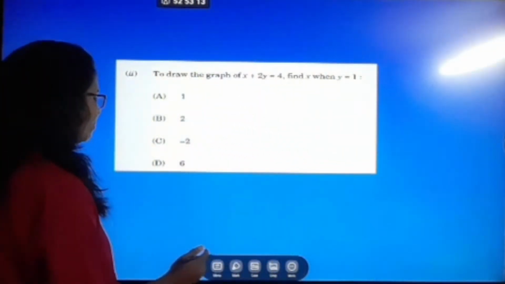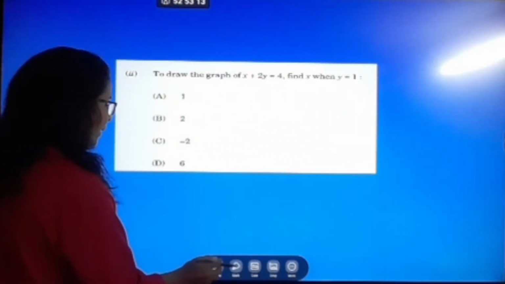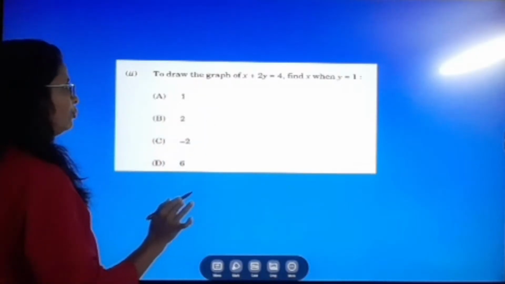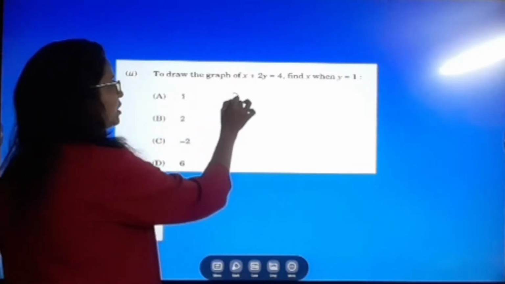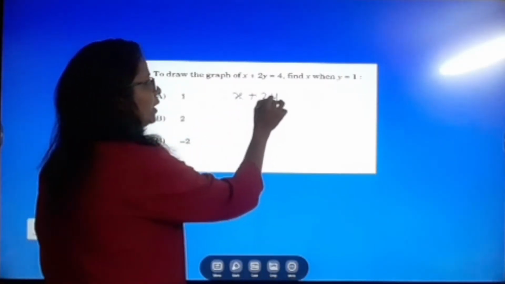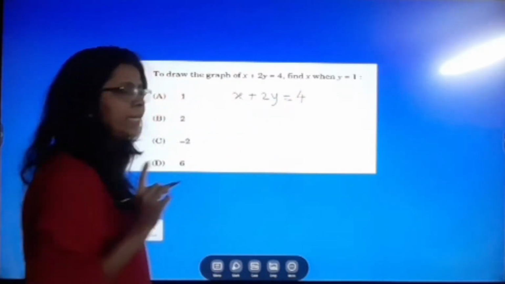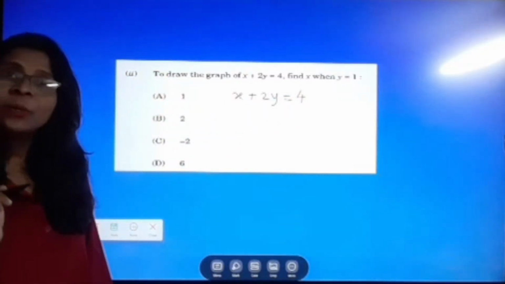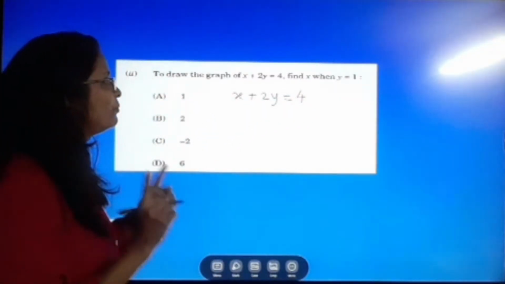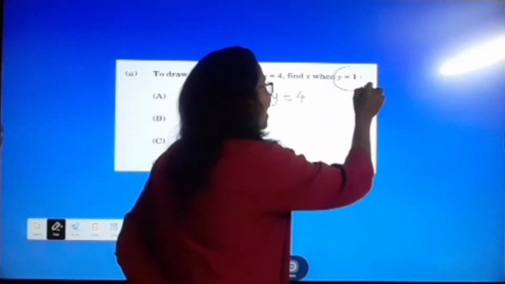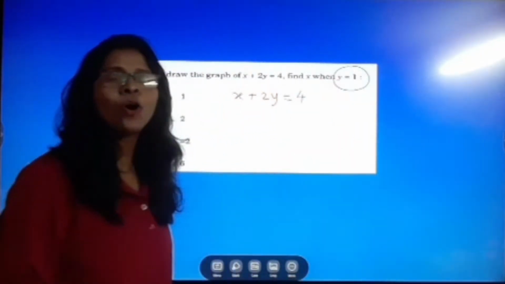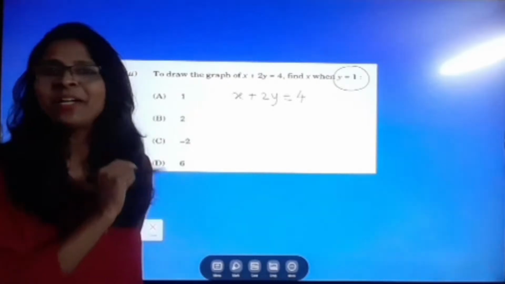First we write down the equation. The given equation is x plus 2y is equal to 4, and here students, there is a clue: we have to put the value of y equal to 1.